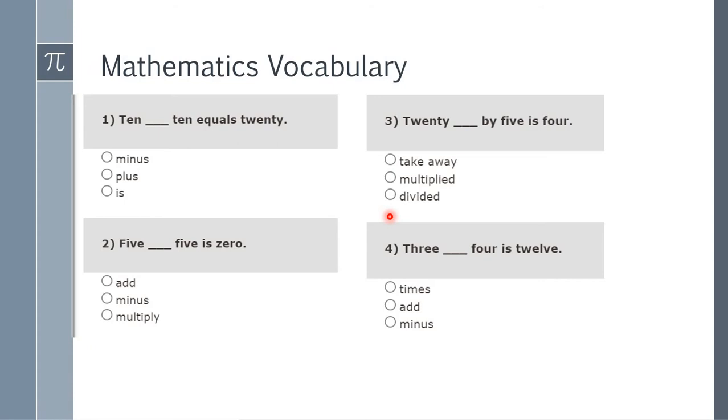Take away, multiply, or divide? 20 divided by 5 is 4. And the last, number 3: 3 blank 4 is 12. Is it times, add, or minus? Our answer is 3 times 4 is 12. So we were able to answer and apply the basic vocabulary concepts in math.